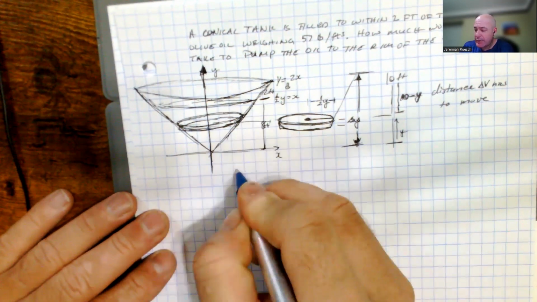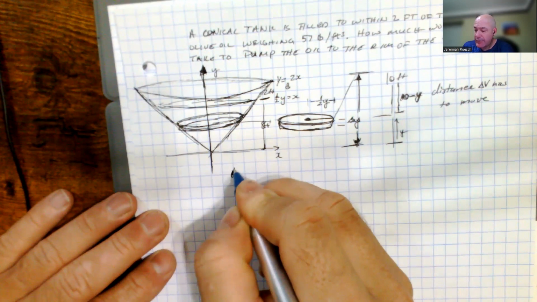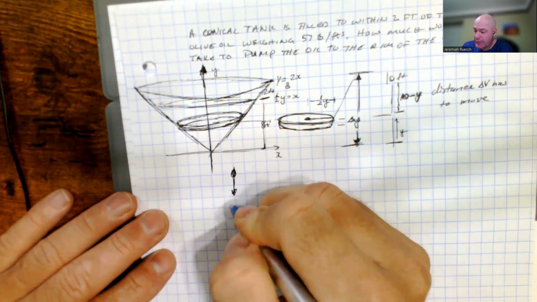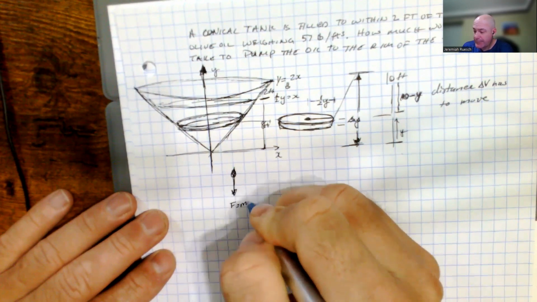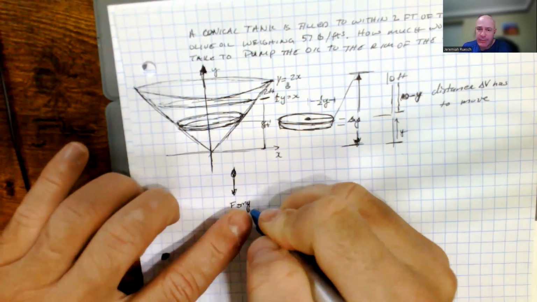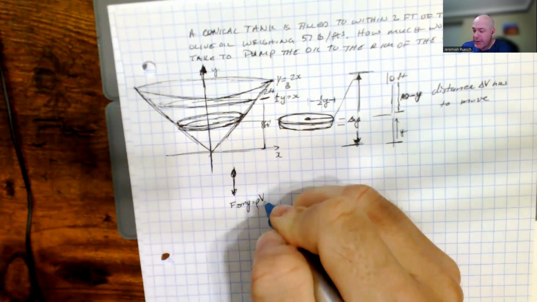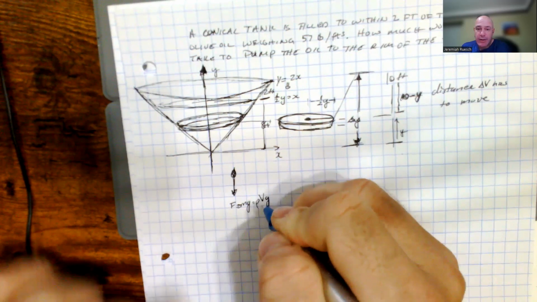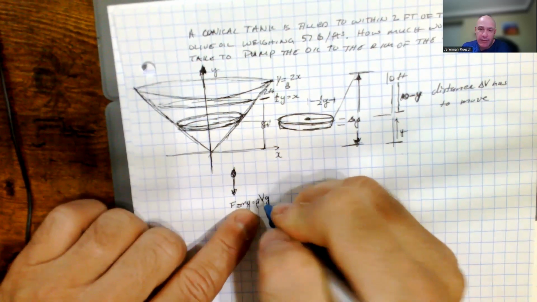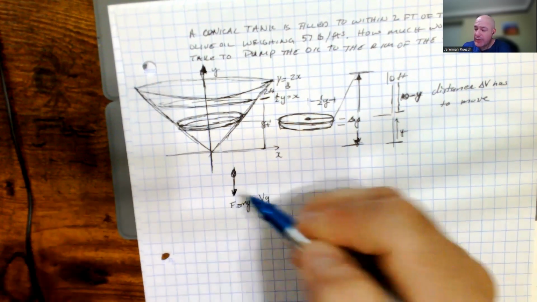So if you can imagine a little oil droplet suspended in this fluid, then what's pulling down on it is the force of gravity. It's the mass times the gravity. But since this is a fluid, what we're going to have is rho V times g, where the mass is the density of the fluid times the volume that the fluid is holding up. Okay, so that's what we have to figure out and consider.